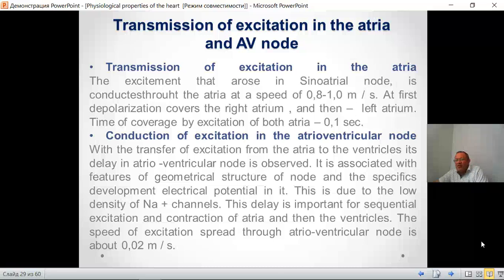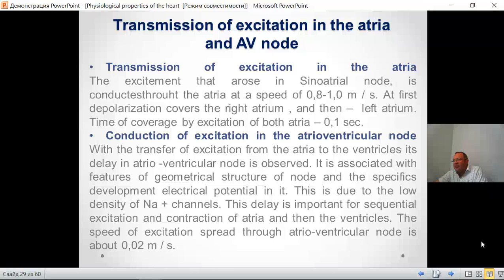Conduction of excitation in the atrioventricular node. With the transfer of excitation from the atria to the ventricles, its delay in the atrioventricular node is observed. It is associated with features of the geometrical structure of the node and the specific development of electrical potential in it. This is due to the low density of sodium ion channels.